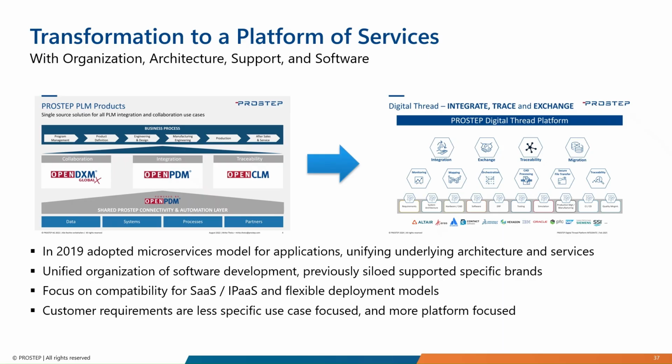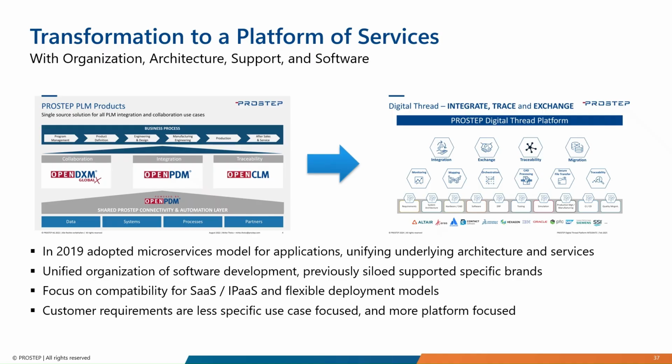So in 2019, we adopted a standard microservices underlying architecture for every component. We changed around product development. So we have architects that aren't just focused on a single system, but on the whole ecosystem. And then, also the pool of developers is focused on the entire ecosystem. We're ensuring there's compatibility for SaaS and iPaaS.